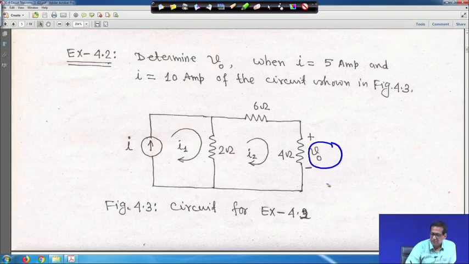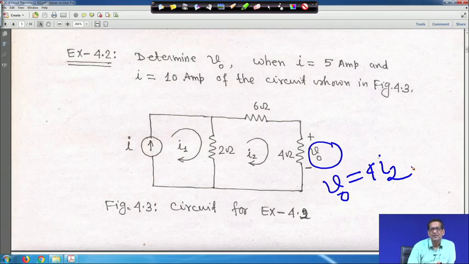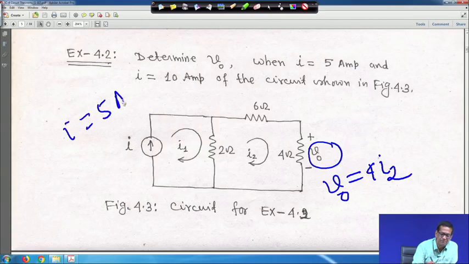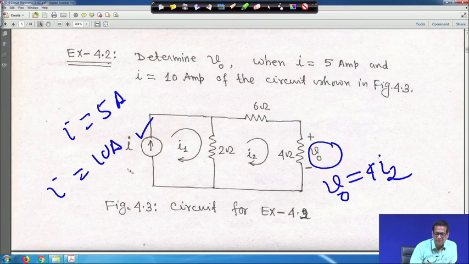V0 is equal to 4 into I2. If 5 ampere goes to 10 ampere, the current is doubled, so naturally V0 also has to be doubled when you solve it. Accordingly, please solve it.